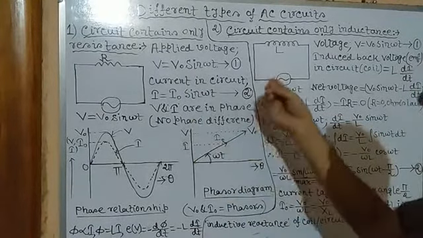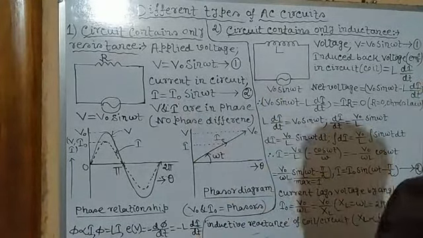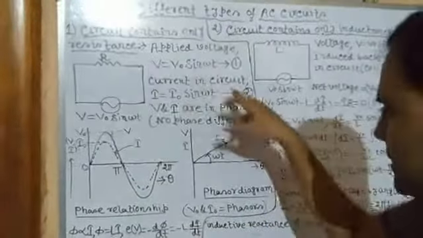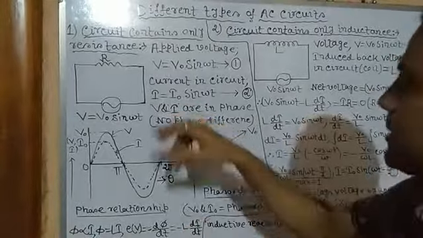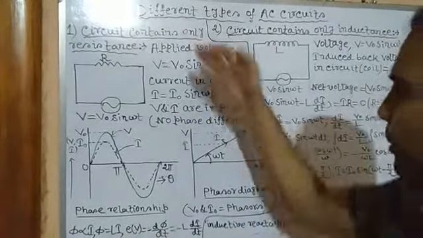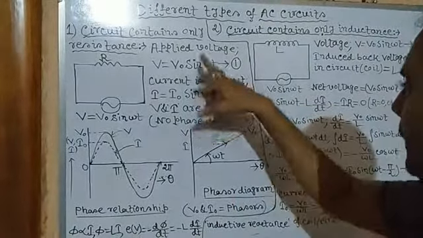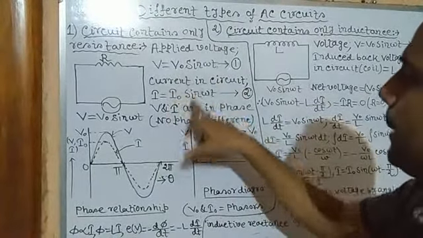Now what will be the current in the circuit? Obviously it will be I equals I0 sine omega t. How? If we divide V by resistance R from Ohm's law, V is equal to IR, so I equals V by R, already shown in the last video. So I equals V0 by R sine omega t, where V0 by R is the peak value of the current.